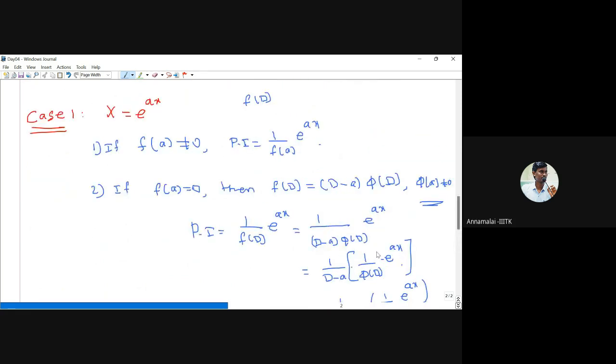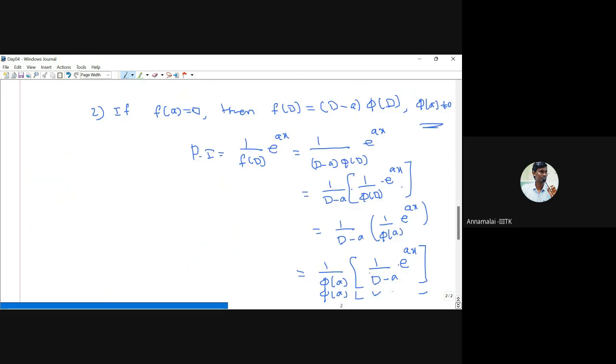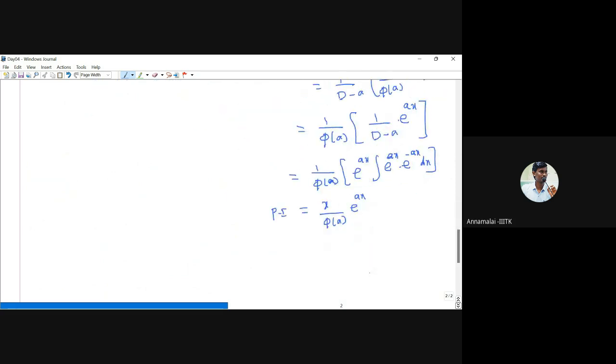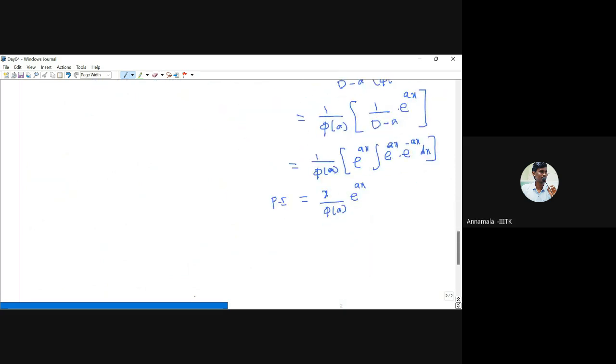Suppose a is a repeated root, then again you have to factor. Otherwise, what is this phi of a? First we have to write what is phi of a. We know that f of D is (D minus a) into phi of D. Now we need phi of a.